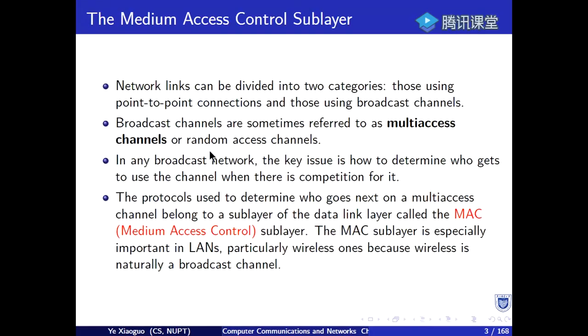Network links can be divided into 2 categories. Those using point-to-point connections, and those using broadcast channels. The broadcast channels are sometimes referred to as multi-access channels or random access channels.